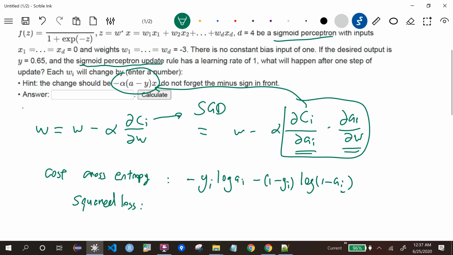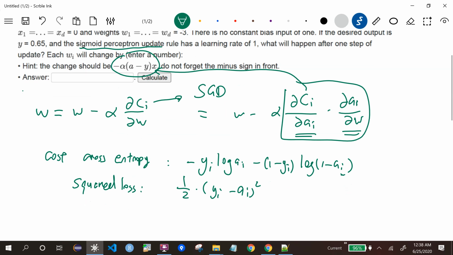By the way, if I ask about these on the midterm, I will write down the loss function, because square loss is not standard in that we have a half in front, so I will tell you what it looks like in my version. So we will have the half in front. And what are other ones? There's another one called the Hinge Loss, which is like the loss for SVM, but not exactly.